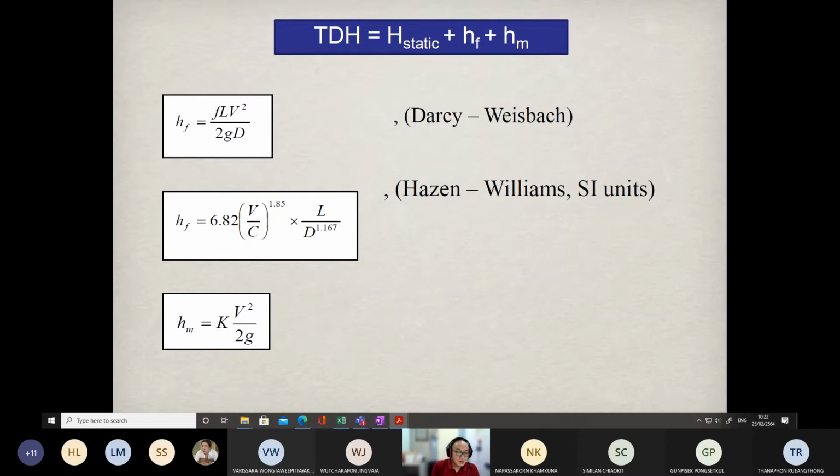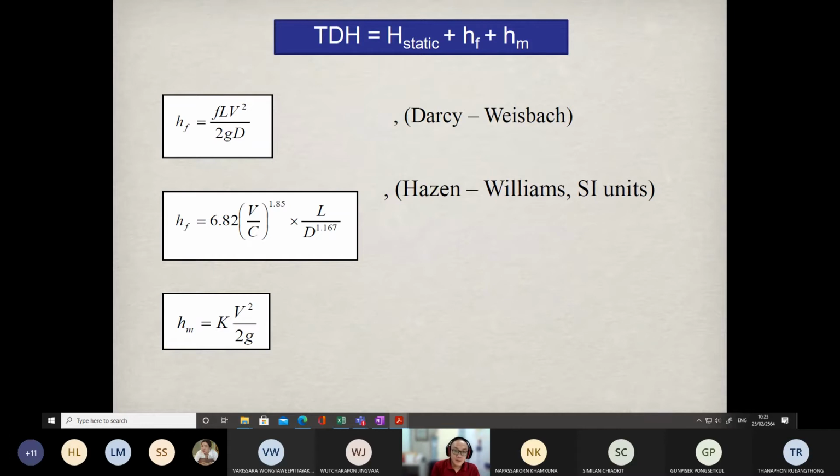Water conveyance systems basically consist of the sum of the head loss the pipe generates, and the head loss due to friction.